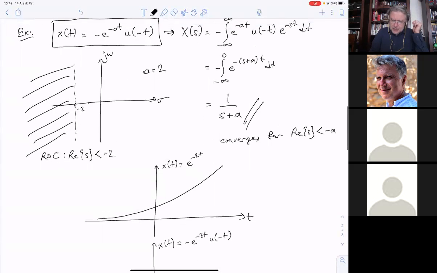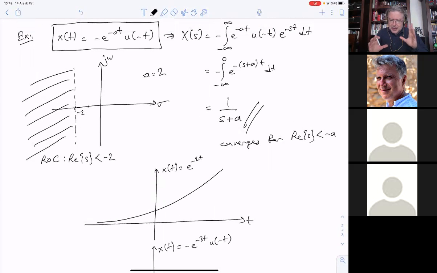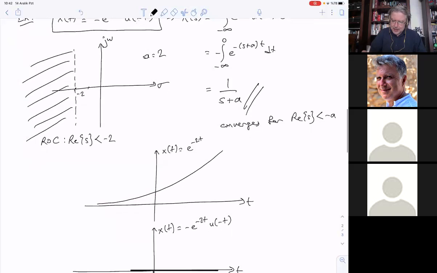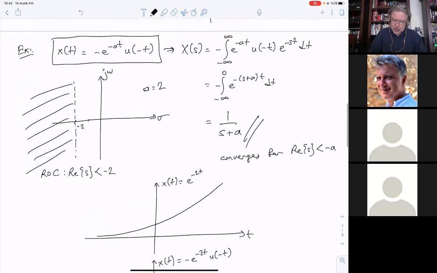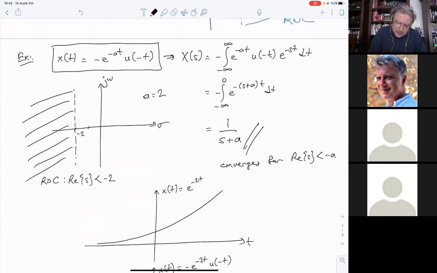And I'm just messing up with minuses and pluses because when a is equal to 2, minus 2 is here, and to the left of minus a does not include the j omega axis. So I'm confused about why this happened to be like that. I will have to correct this. I may want to check if this here, it is a plus a or a minus a.